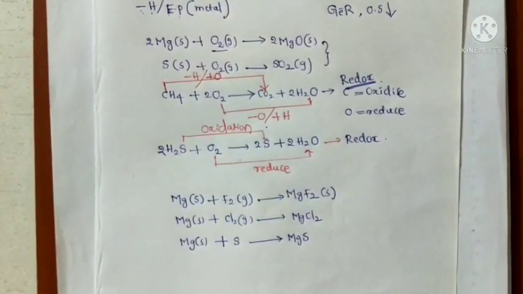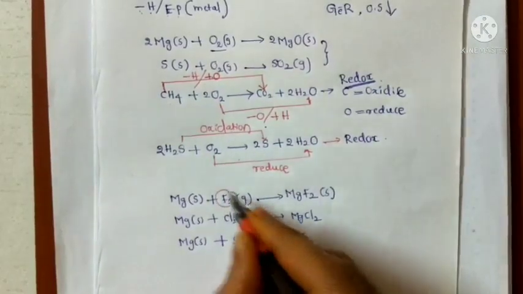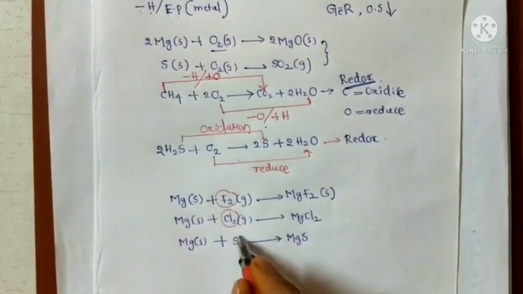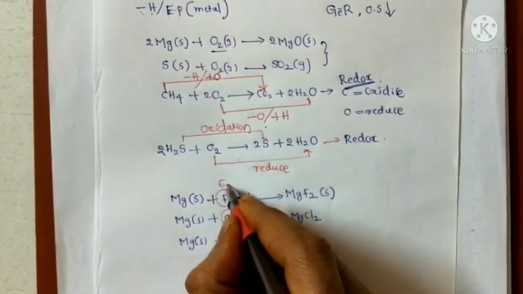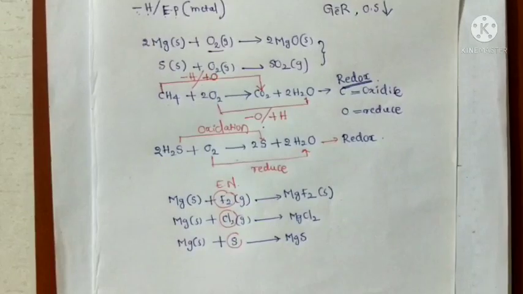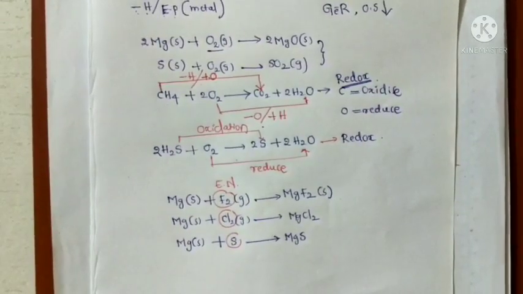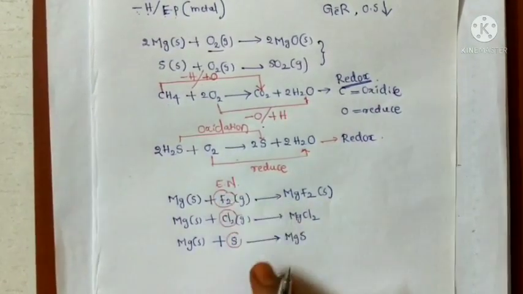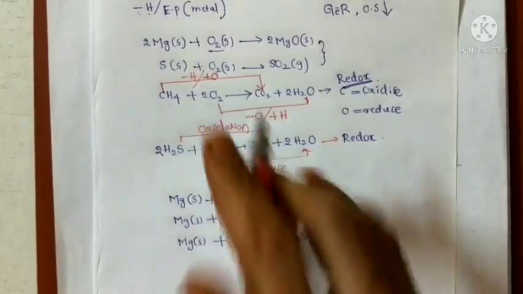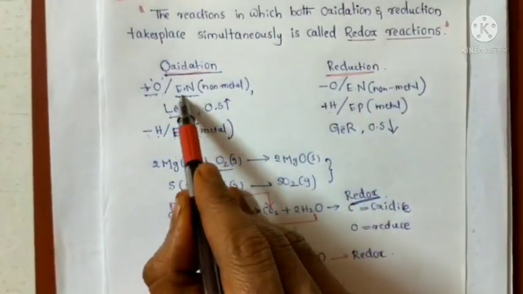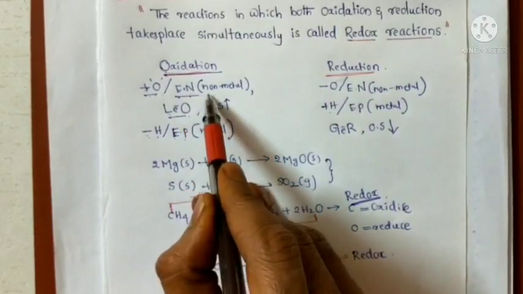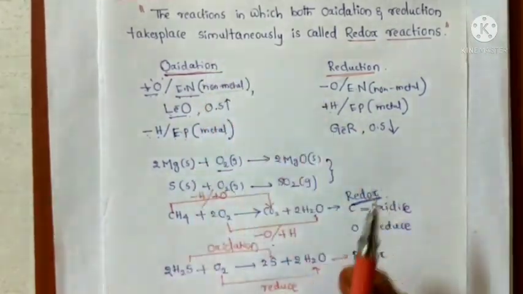So what happened here? Fluorine, chlorine and sulfur are highly electronegative elements. So already we know that according to oxidation, addition of electronegative elements, that means addition of non-metals, is called oxidation.